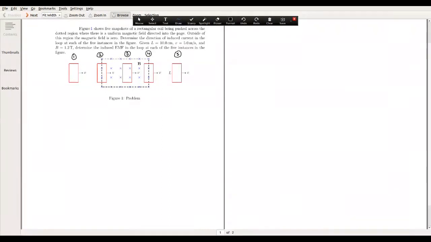So let's talk about instance 1. The induced EMF and the associated induced current depends on the change in flux. There is no flux to begin with because the magnetic field is zero here, so flux is equal to zero. It remains zero unless it reaches instance 2 where it starts entering the magnetic field.